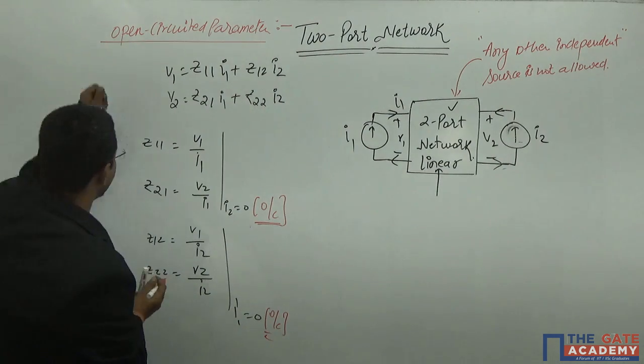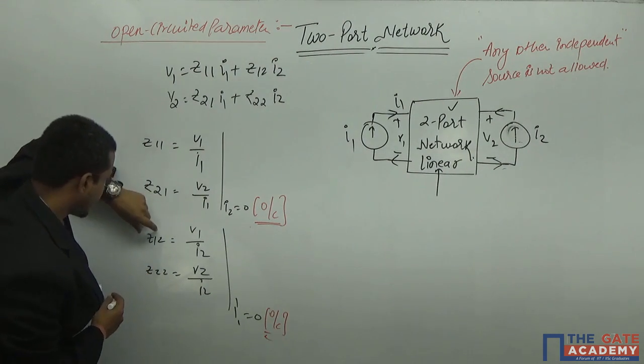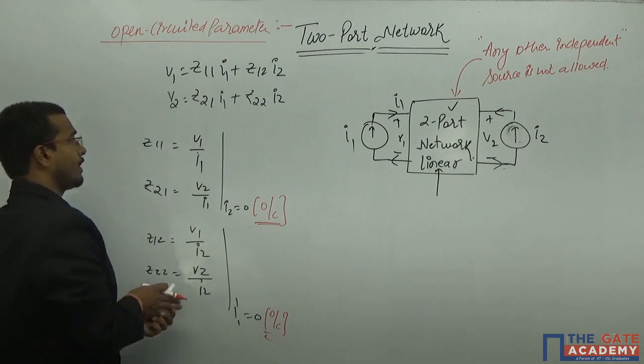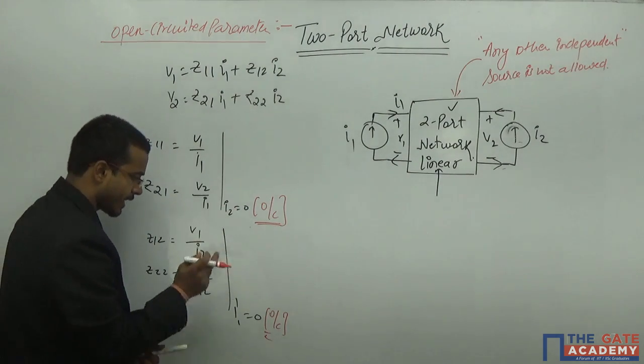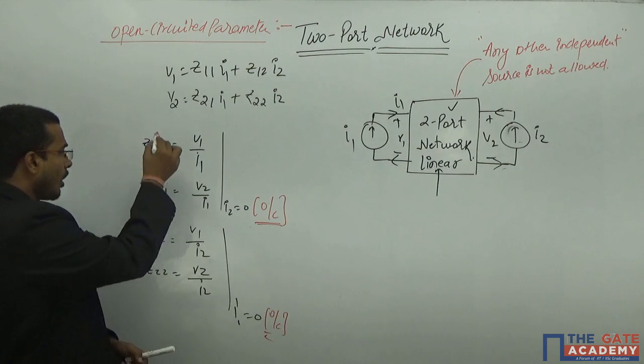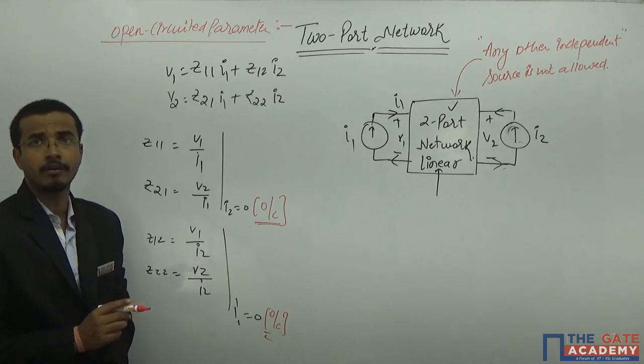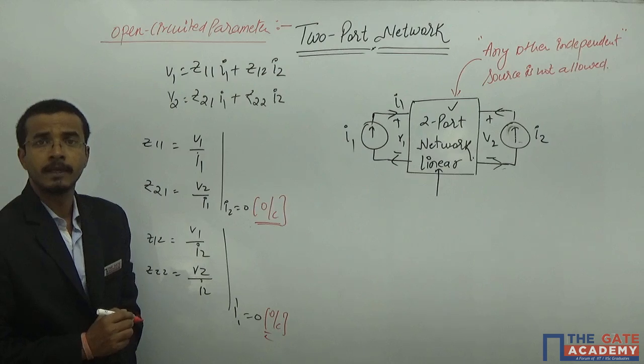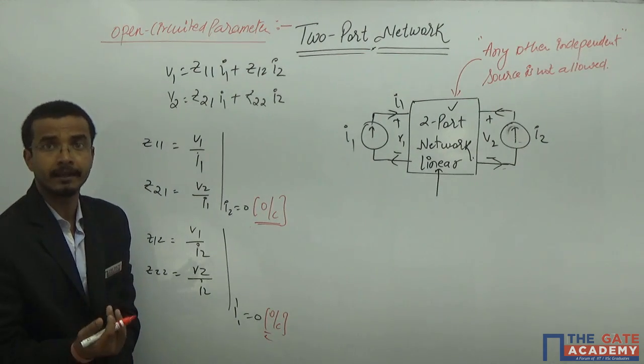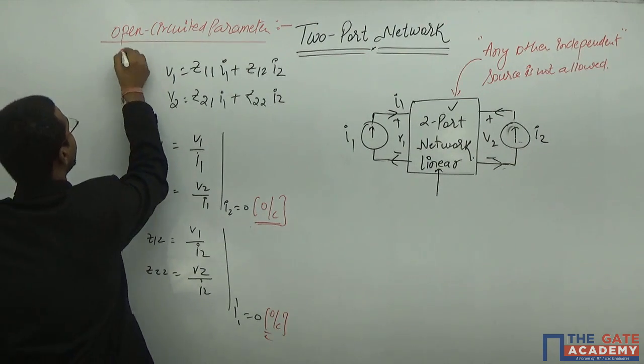Now, see the unit of Z11, Z21, Z12 and Z22. V by I, V by I, V by I, V by I. That means all these 4 parameters have the unit of ohm, which is basically the impedance, V by I. That means it is also known as the impedance parameter.